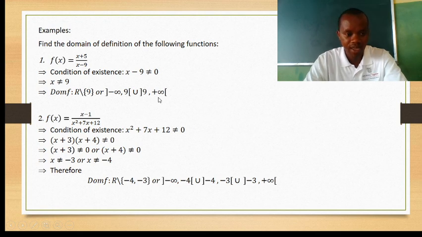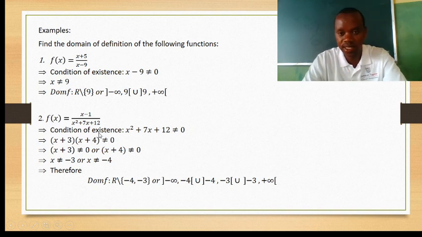For example number 2, we have f of x which is equal to x minus 1 over x squared plus 7x plus 12. In this case, the condition of existence is always the same.